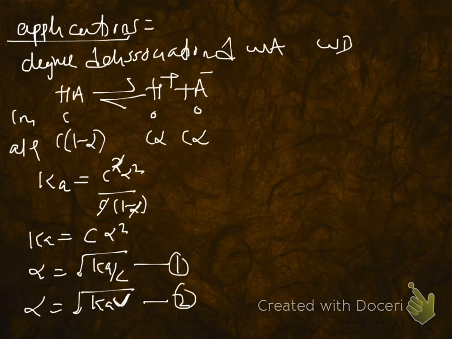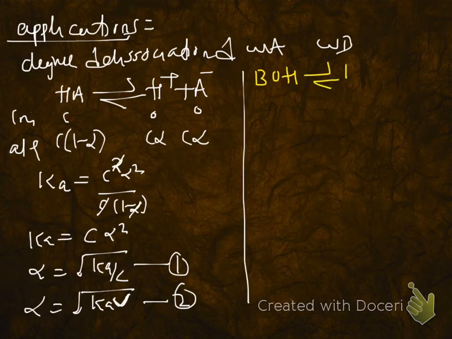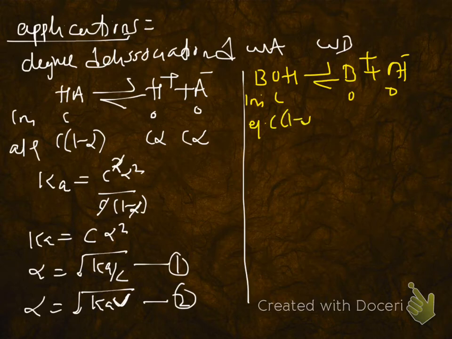In the same way, we can see the dissociation of weak base BOH. It dissociates as B plus and OH minus. Initial concentration is C, 0, 0 and at equilibrium concentration is C into 1 minus alpha, C alpha and C alpha.